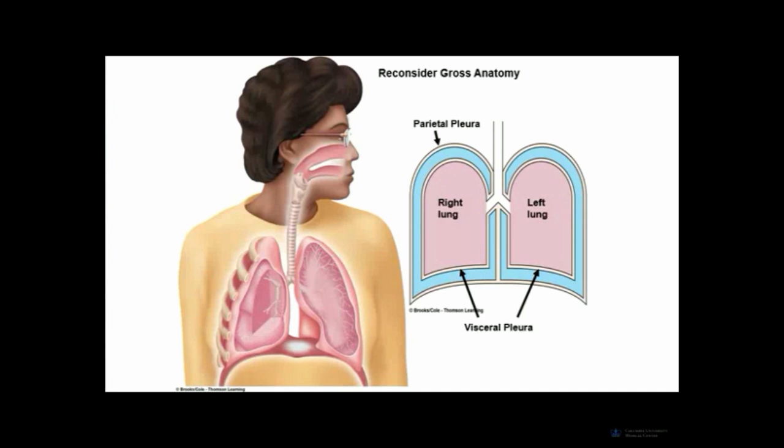The lung collapses. Pneumothorax. Air gets into that space, it breaks up the surface tension, and the lung collapses. So what keeps those lungs inflated is the intrapleural fluid and the surface tension of that fluid.